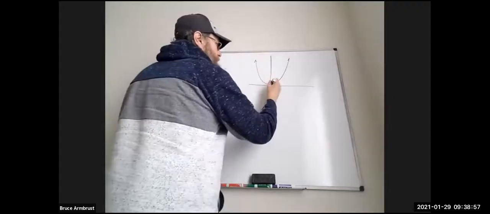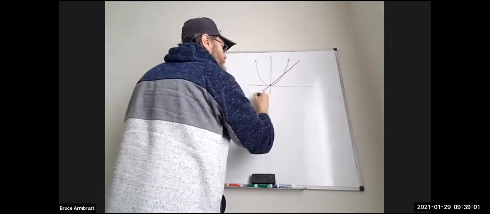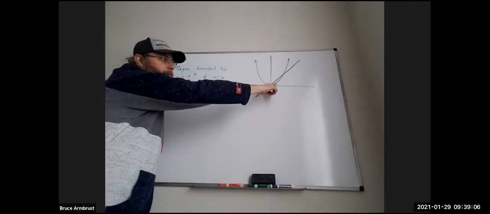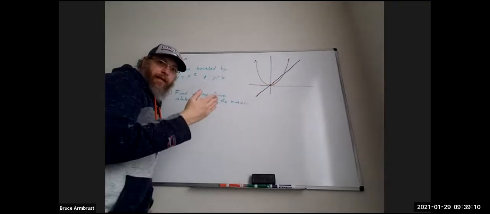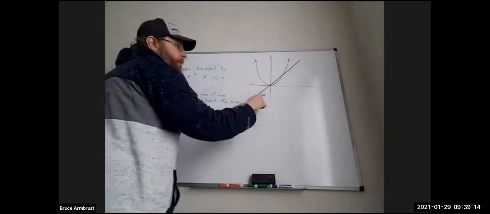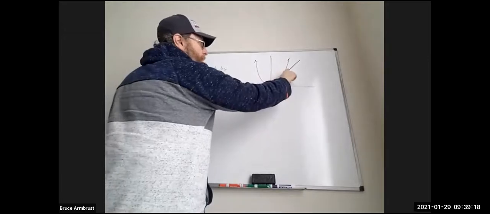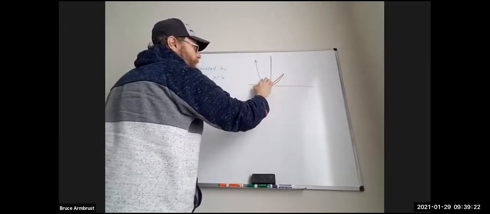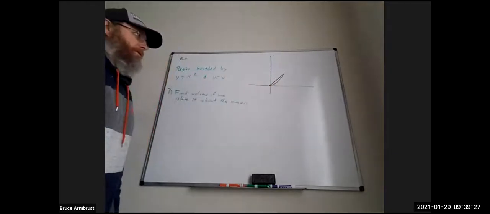It's just a line that goes through the origin with slope 1. All right, so here is our region. The region is that little sliver with a curve right there. Now I'm going to erase all the bits of this that are not our region. I don't care about the rest of y equals x and y equals x squared. But this is our little chunk.